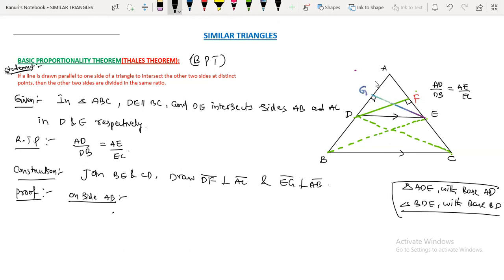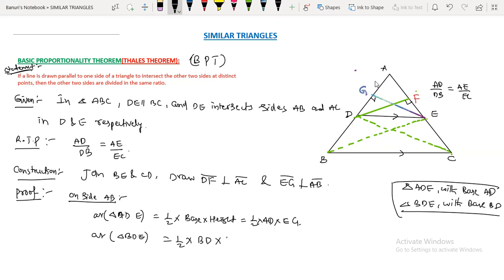So I will find the area of triangle ADE, that is half into base into height. So half into base, here AD, height is EG. And I'll find the area of triangle BDE, which is equal to half into base, here BD.